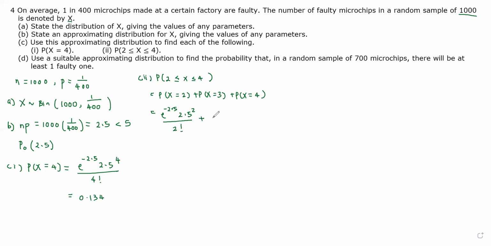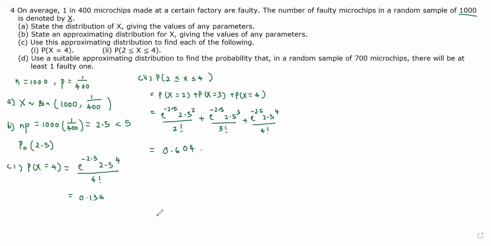Probability X equals 3, we have e to the negative 2.5, 2.5 to the 3 over 3 factorial. And this is the same as what we found just now, which is e to the negative 2.5, 2.5 to the 4 over 4 factorial. Computing this, we have 0.604.